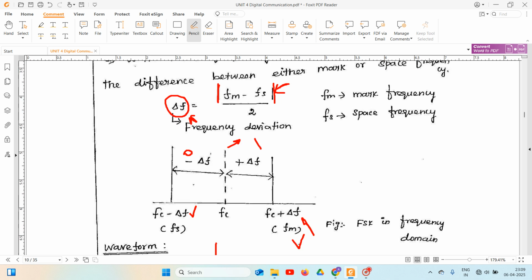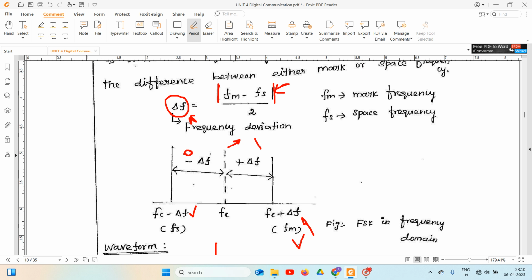So here we can understand the concept by using the frequency domain, right? Frequency domain of FSK, as shown in the figure. Fc is the center frequency. The center frequency is shifted towards right and left. If the frequency is shifted plus delta F, this is the mark frequency.